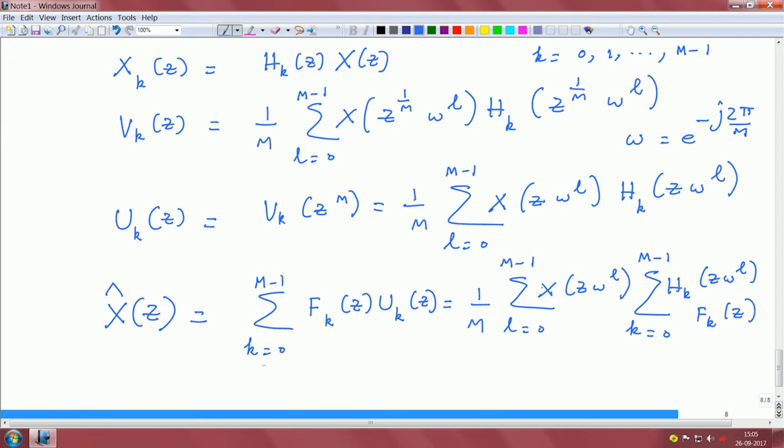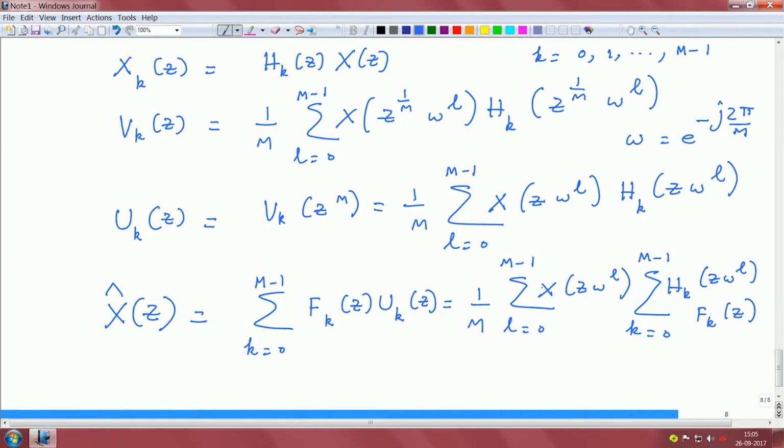Right, the k equals 0 is what we want to bring in, and this u we just express using this equation, and this x does not have any k dependency. So, you pull this out and you can simplify this in this form.